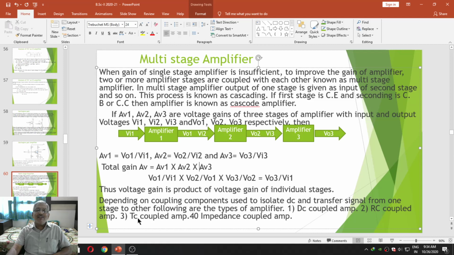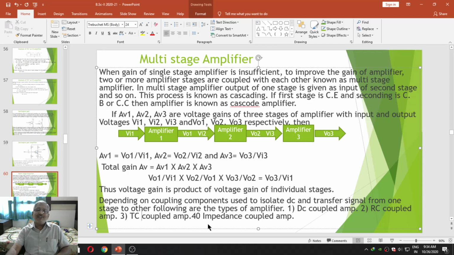TC coupled amplifier is known as transformer coupled amplifier. Here transformer, impedance matching transformer, is used to couple output of one stage as an input to the second stage. So that is the reason why it is called as TC coupled amplifier.